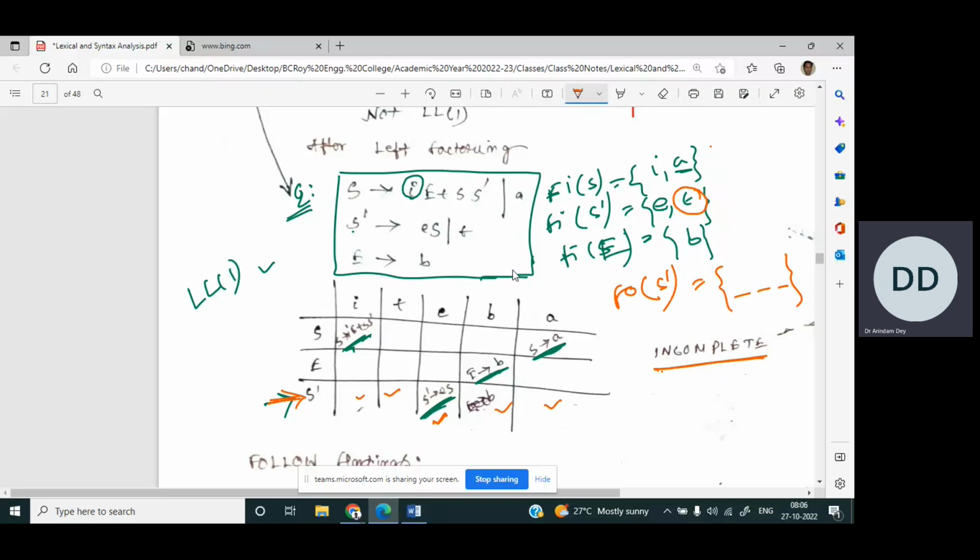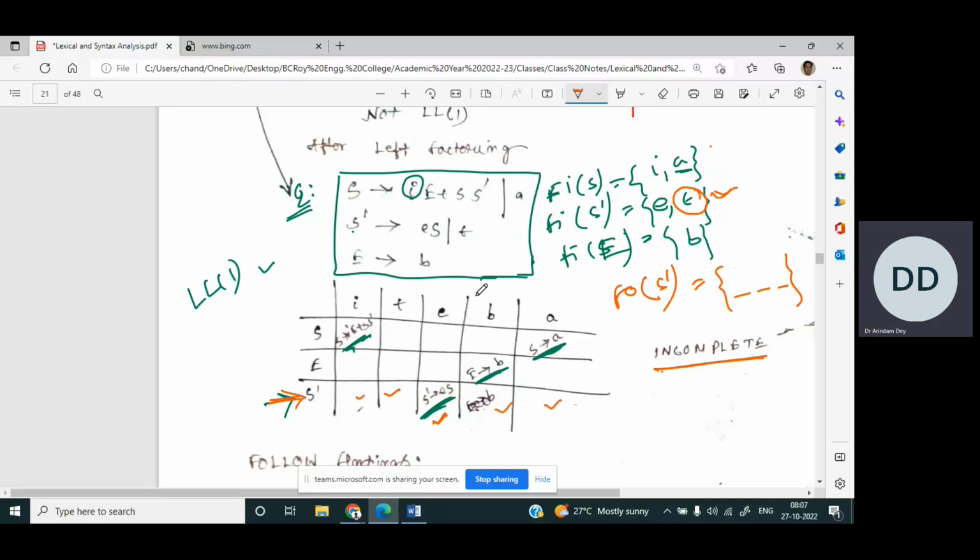Once the grammar is left factored, the problem is erased. But still the epsilon is being generated and we cannot take a steady first decision over here whether the grammar is LL1 or not. We need to find out the follow of that variable, that non-terminal which is generating epsilon, and then we can calculate and subsequently we can tell, right?